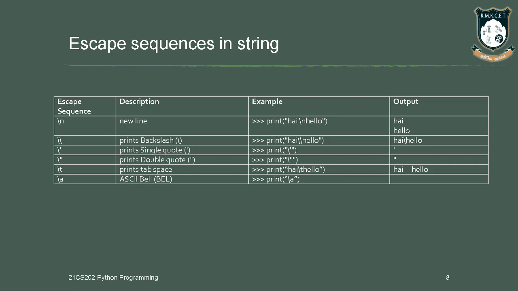For printing a backslash, you have to use two backslashes. To use a single quote you have to use a backslash followed by a single quote. For printing double quotes you have to use a backslash followed by a double quote. For tab space you have to use a backslash followed by t.